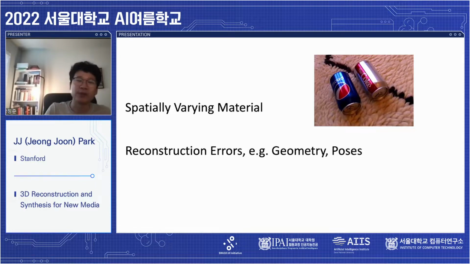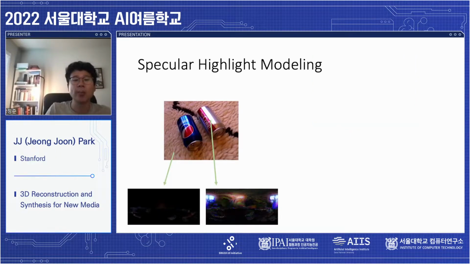In practice, however, real scenes have spatially varying materials, meaning that there is more than one material in the scene. And there are also a lot of geometry and camera parameter estimation errors in the process. So instead, we use multiple basis SRMs.